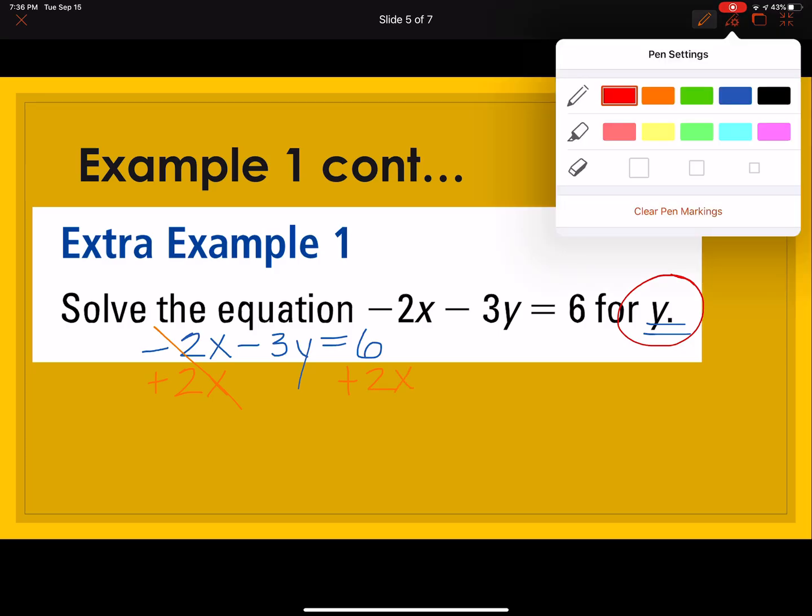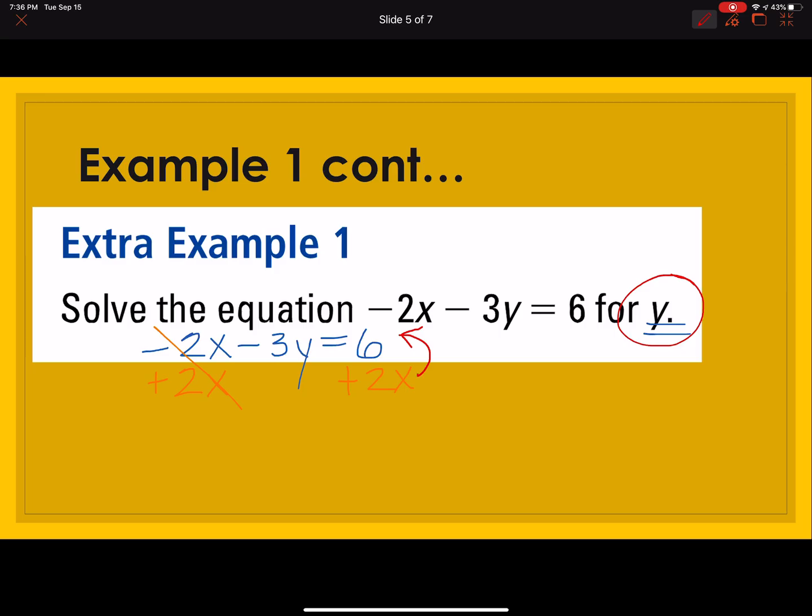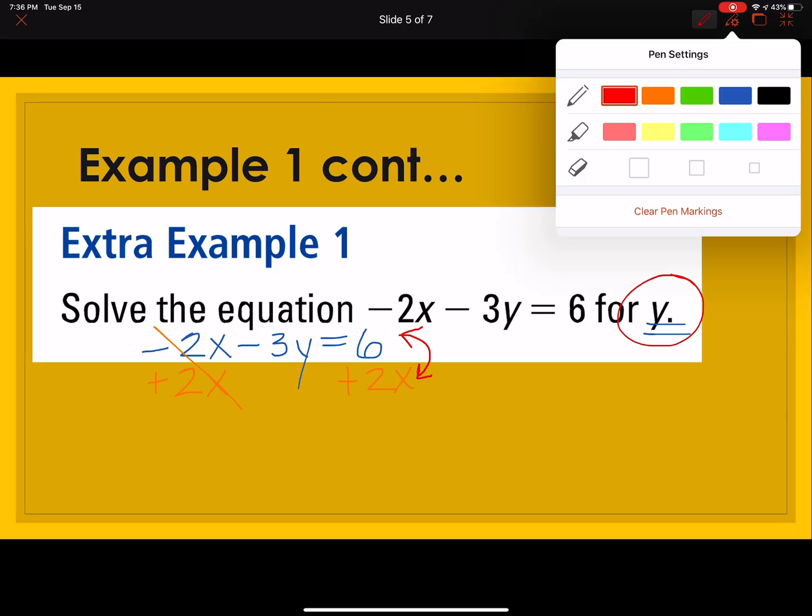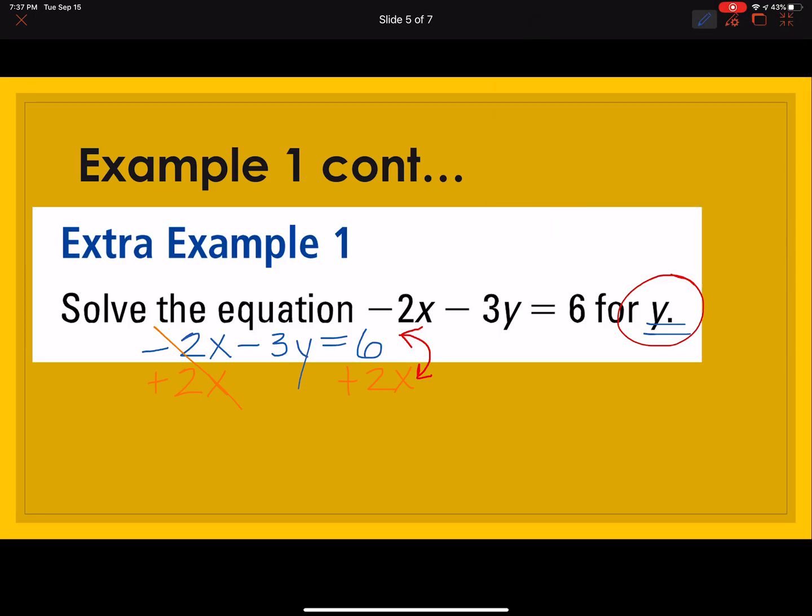And remember, these are not like terms, so we cannot combine. So now I'm going to rewrite negative 3y equals, and it really doesn't matter which one we put first. I'm going to go ahead and put my 6 there since it was already on that side.